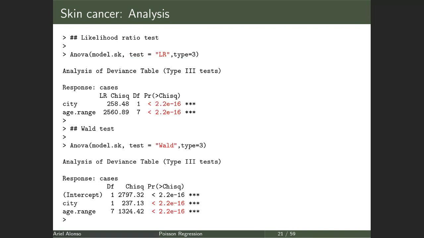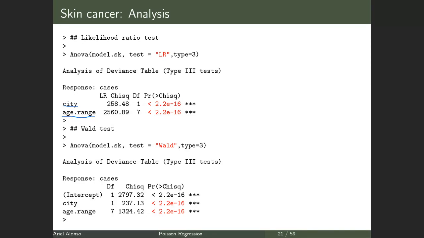Here you have the p-values for the city, highly significant. There is indeed a difference between these two cities regarding the incidence of skin cancer. And age is also highly significant. Age does have an impact on the number of cases with skin cancer.